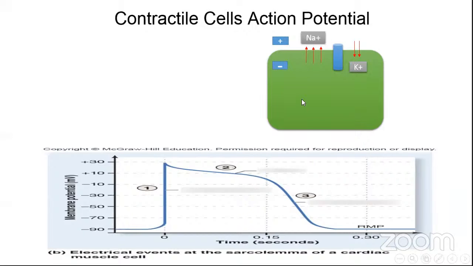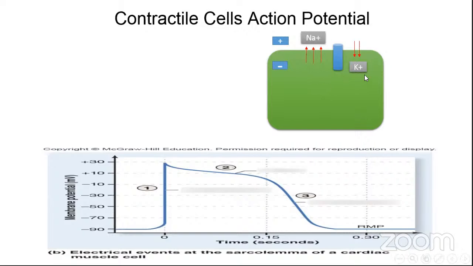Now we have established the gradient of sodium outside and potassium inside. They will tend to diffuse. The high outside concentration of sodium tends to diffuse toward where there is low sodium concentration, which is inside the cell.